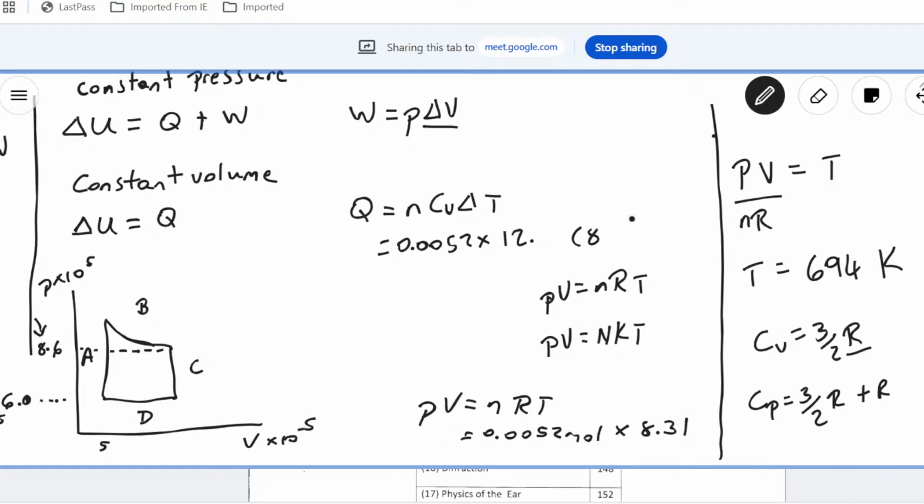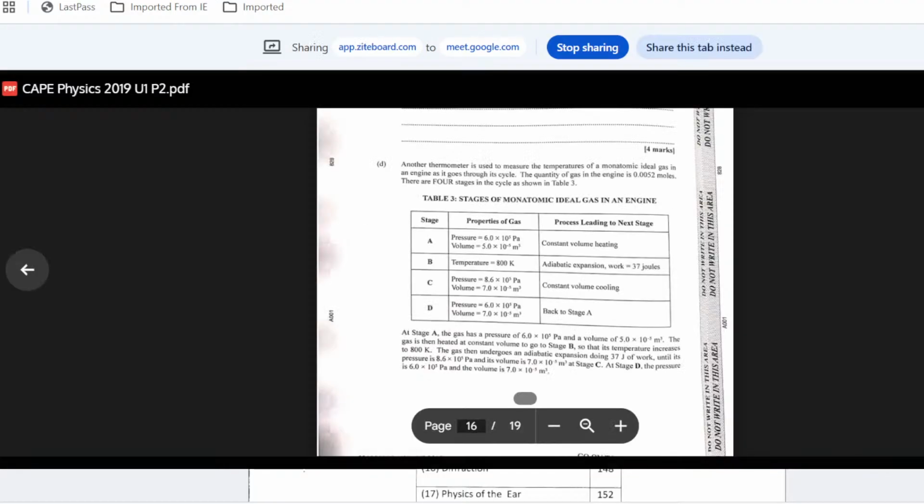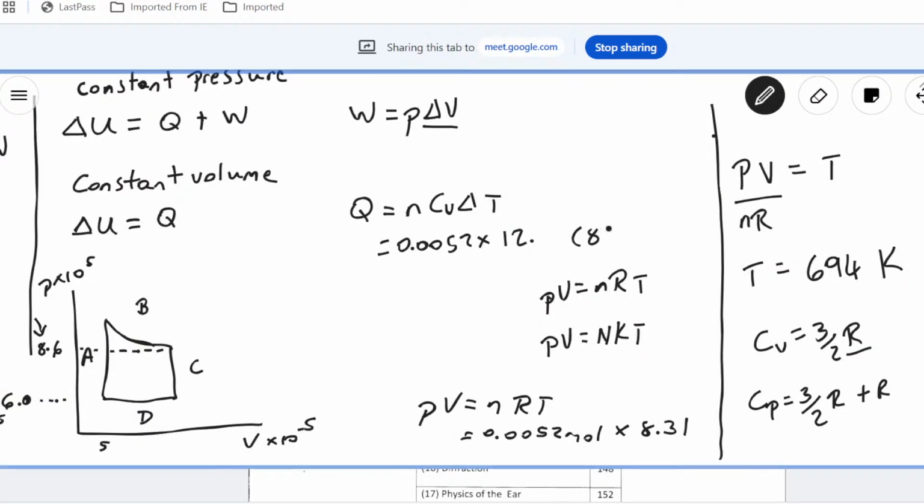You got 6.85. What was the delta T? I have 800 subtracted by 694.25. Alright. I think CV will work out to 12 point something. So, CV works out to.